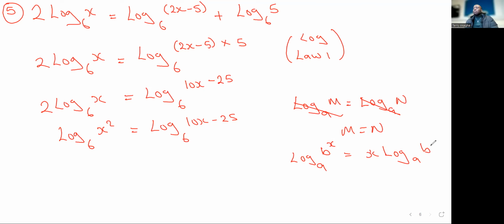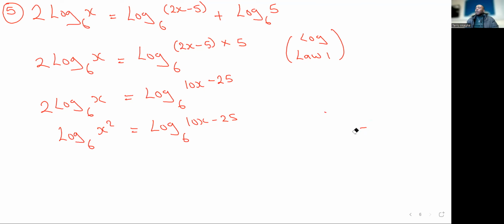So I'm taking the x back to b. So I'm taking the 2 back here. Is that all right? So you can go back and have a look at log 5, and have a look at it to see if you understood the concept.